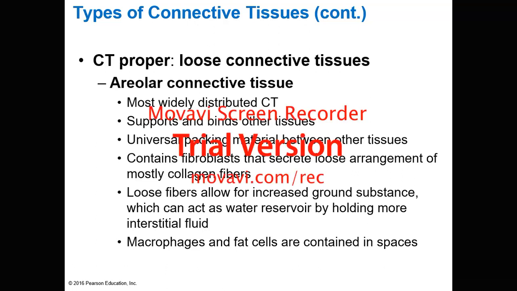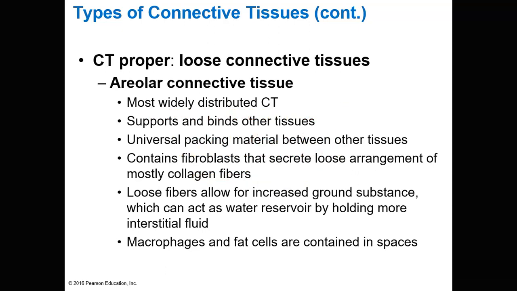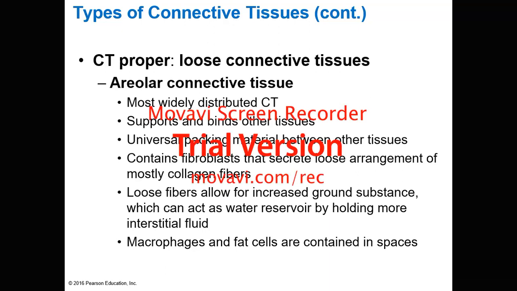Remember that consists of ground substance, which is a gel-like fluid in between the cells, and the fibers, which are collagen, elastic, and reticular. But understand that different connective tissue has different fibers.